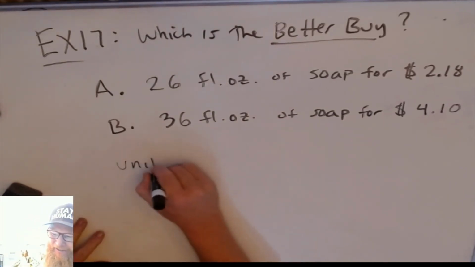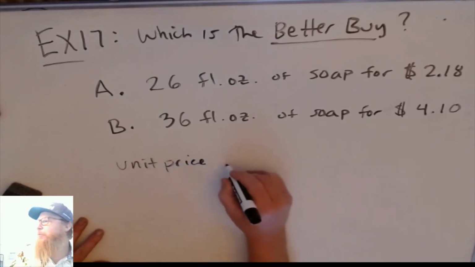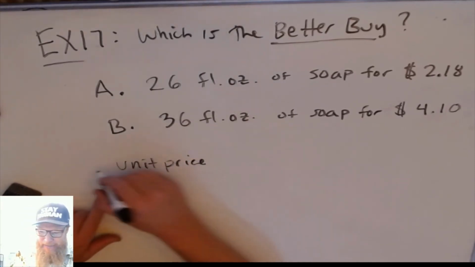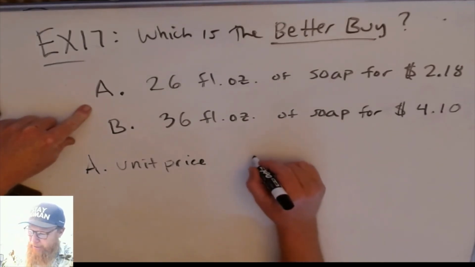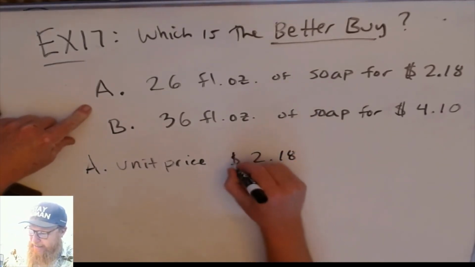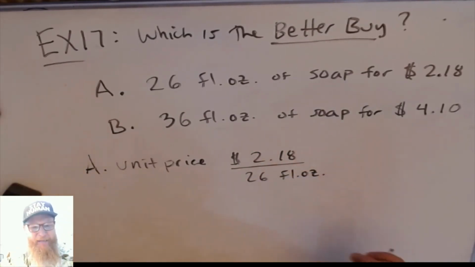So let's see the unit price or the unit rate for product A. Product A would be what? $2.18 for 26 fluid ounces.